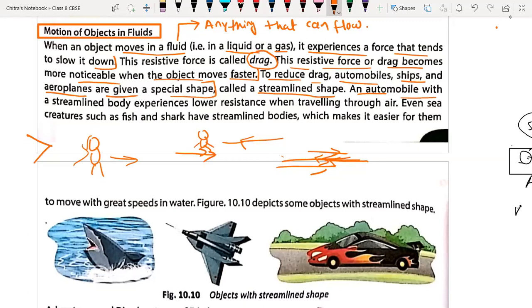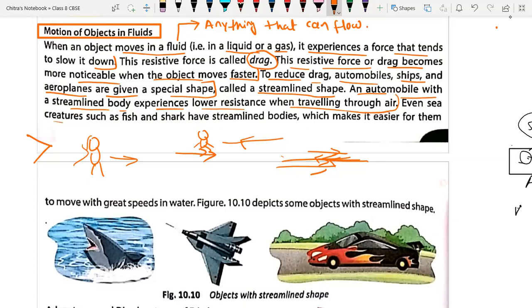An automobile with a streamlined body experiences lower resistance when traveling through the air. If you provide a streamlined shape, the air or water creates less resistance on the vehicle or any device.